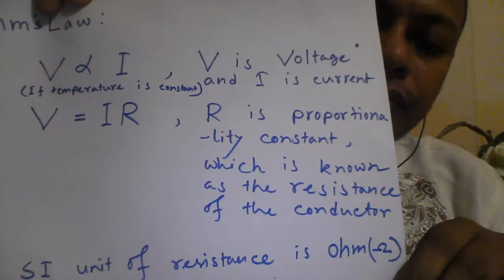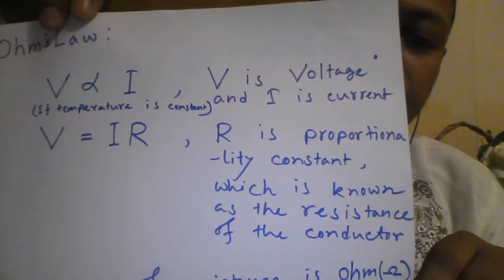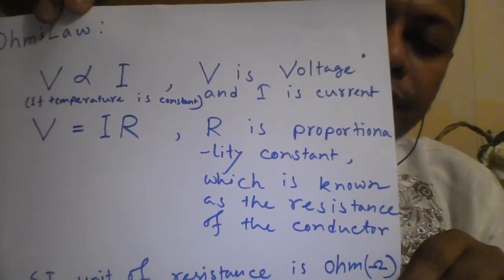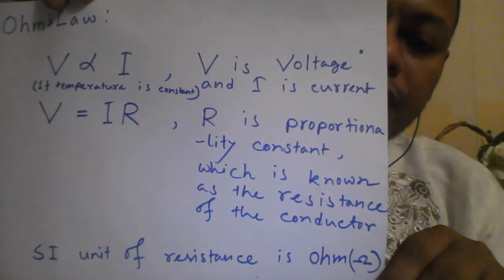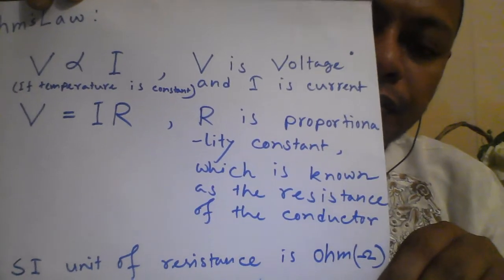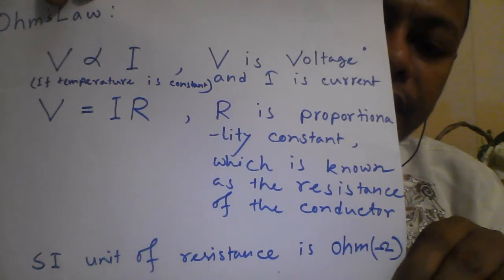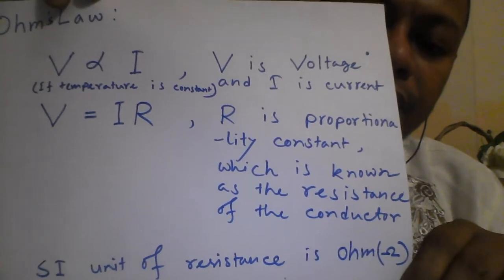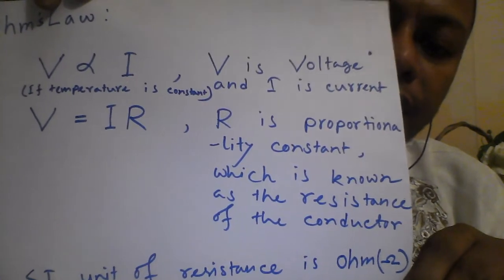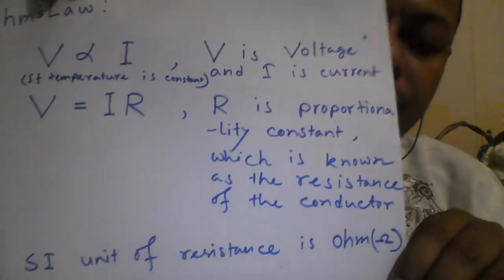And the quantity resistance, from the name you understand that it's resisting something. That means it resists the flow of electrons. That's why the name came resistance. It resists the flow of electrons in a conductor. That's why this quantity is known as resistance.